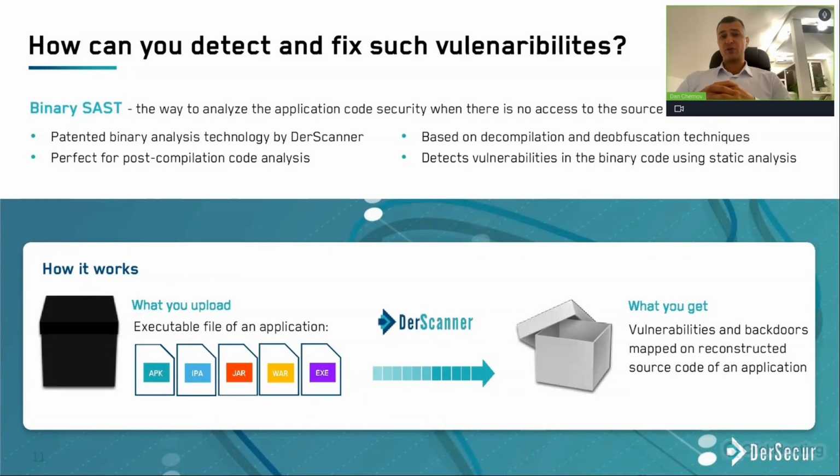But certain types of vulnerabilities would still remain elusive for you. The most promising automated approach that you may employ is a binary scan or binary static application security testing, which utilizes SAST, but not on the source code. It uses SAST on a binary level.